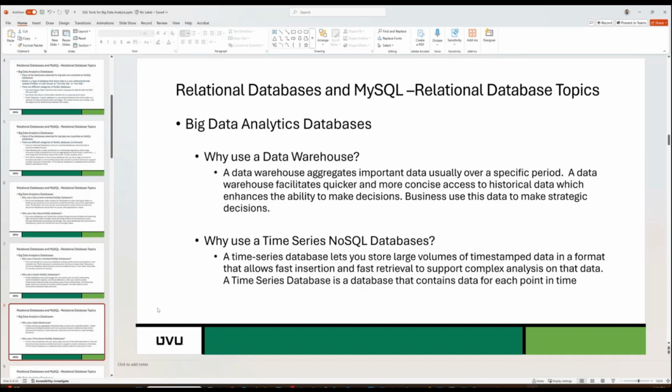Why would I use a data warehouse? Well, data warehouses are typically better for aggregation. Like I said, I don't want to query 7 years of raw data. I want that data aggregated. Like I said, how many widgets did we sell on Mondays?